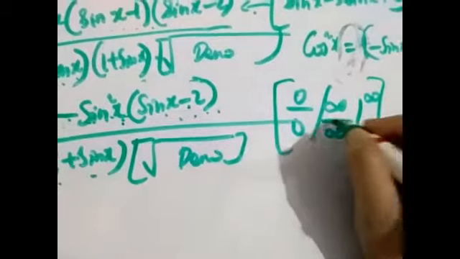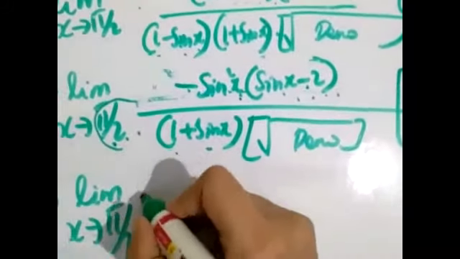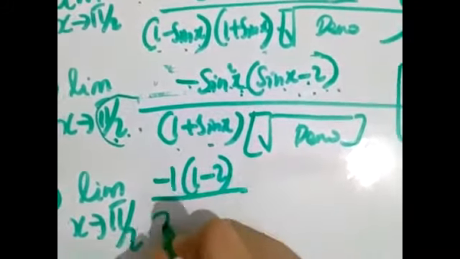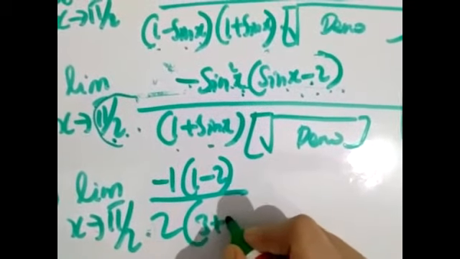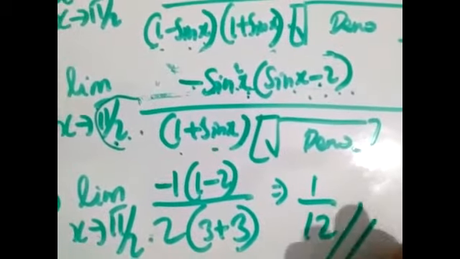None of these indeterminate forms did I get. I'm getting it in a very proper form, that is, I substitute it, I'll get minus 1 minus 2 divided by 2 multiplied by 3 plus 3. I'll get 1 by 12 over here.